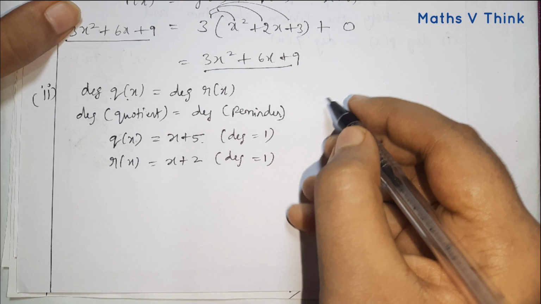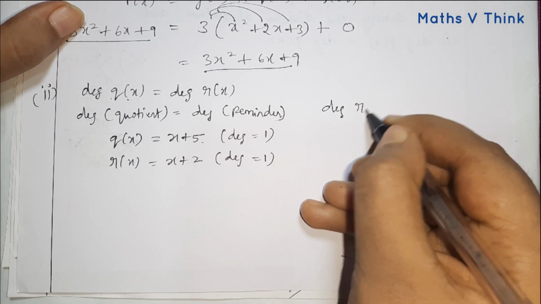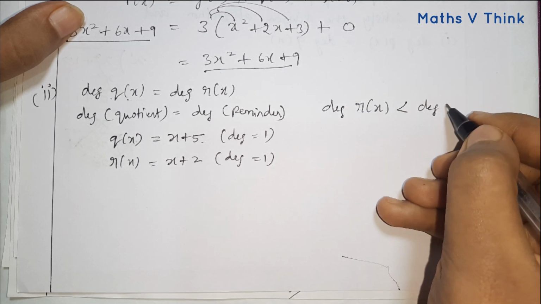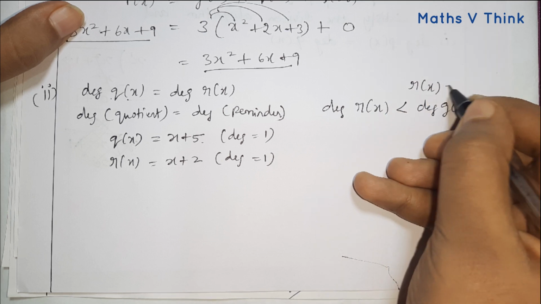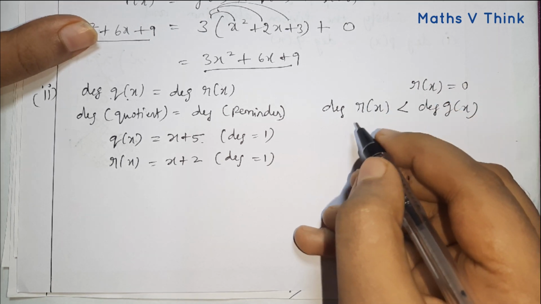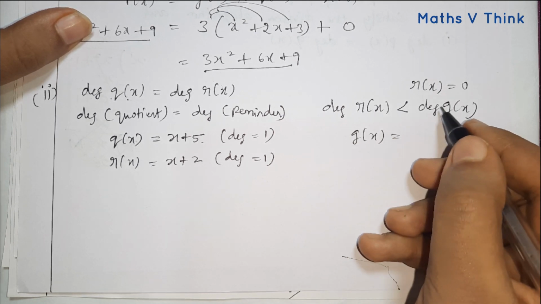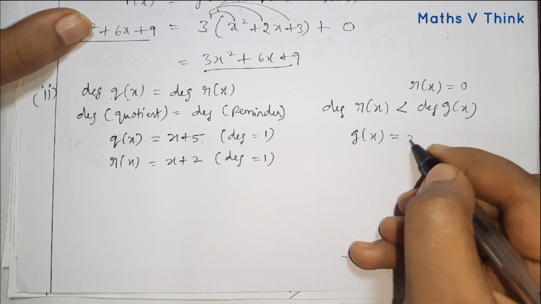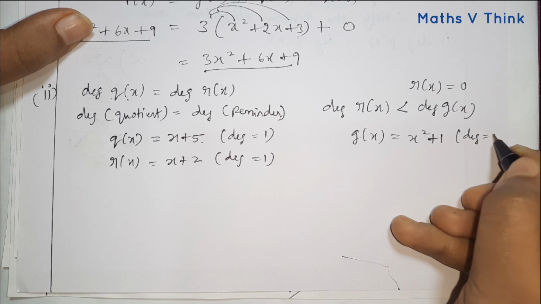Now in division algorithm we know that degree of r of x is always less than degree of g of x, or r of x is also equal to 0. Now we need to take g of x such that its degree is greater than the r of x. Suppose if I take g of x is equal to x square plus 1, its degree is 2.